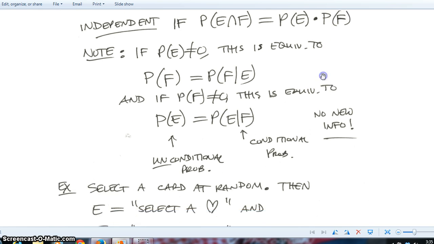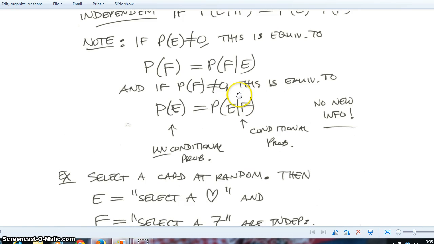In other words, the knowledge of whether F has occurred, so the probability you would assign to F, is not changed by whether E has occurred or not. That's the key point. Whether E occurred or not does not update the probability. It remains unchanged. And it goes the other way too. If probability F is not zero, you do not change your assessment of the probability of E based on whether F occurred or not. They're the same.